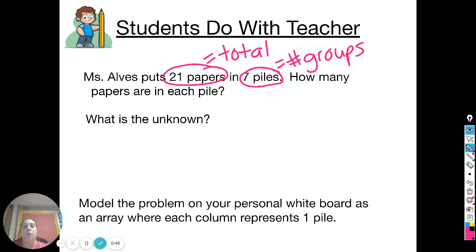Go ahead on your whiteboard and tell me what is the unknown. What is left that we don't know? We know the total, we know the number of groups. What is that third part of our equation that we don't know?